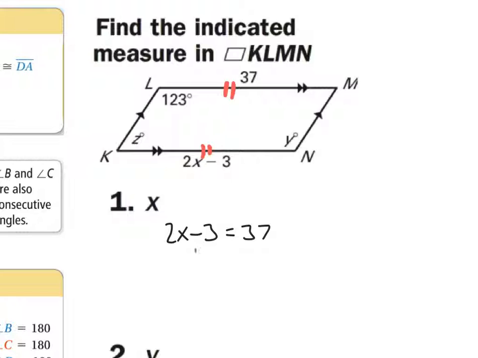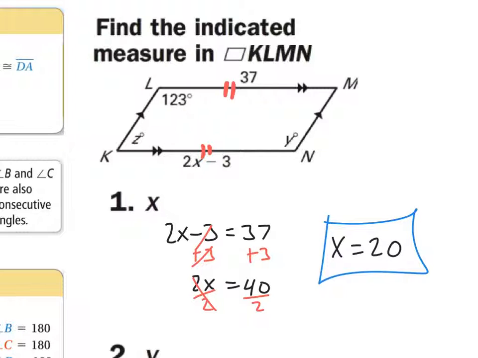And we solve. Adding 3 to both sides, we get 2x equals 40. Divide by 2. So x equals 20. Any questions on doing that?